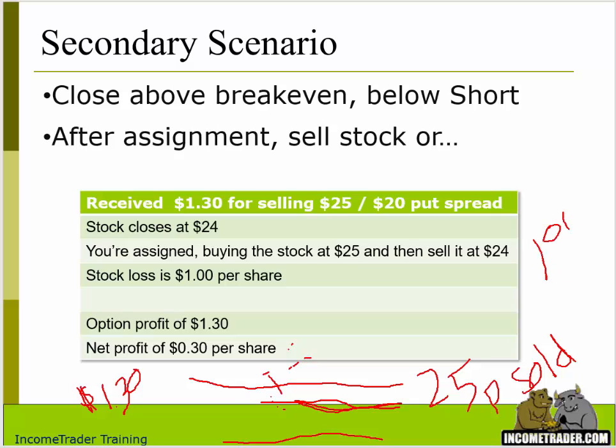In this case, you could either go back and buy this back for $1 and just be done with it, or maybe you're assigned and you have to buy the stock at 25 and then you sell it at 24. Those are two scenarios you could do. In this case, your loss would be $1 per share, but because you initially pulled in $1.30 per share, wow, this is crazy. You actually are still going to profit on this trade.